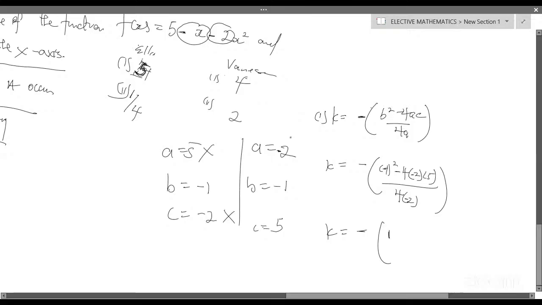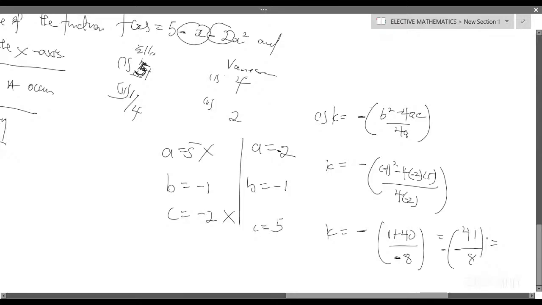So here we will get +40 over here divided by negative what? 8. You get the point? So here it's going to be what? It's going to be 41 over 8. But I know it's -8 too, but there's a negative outside.